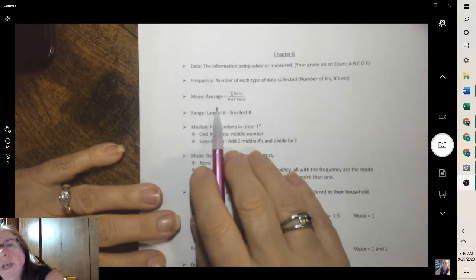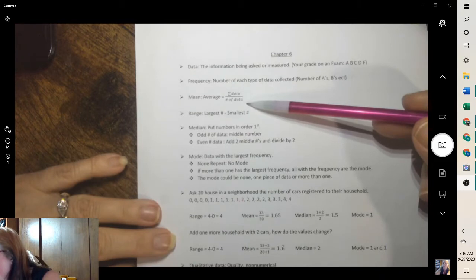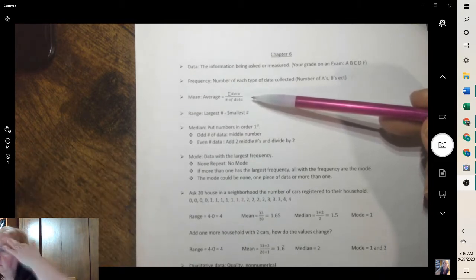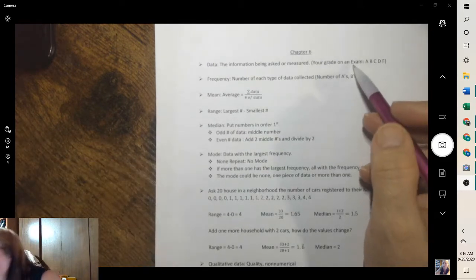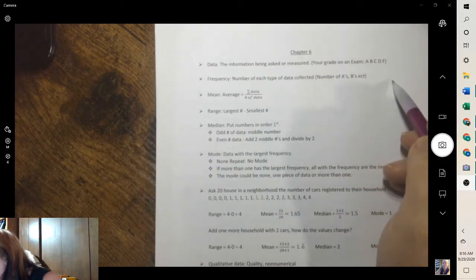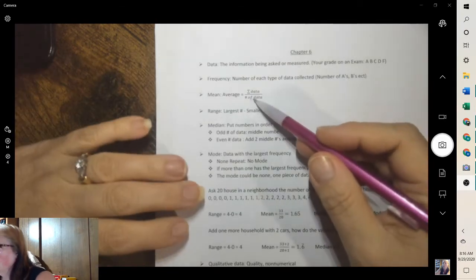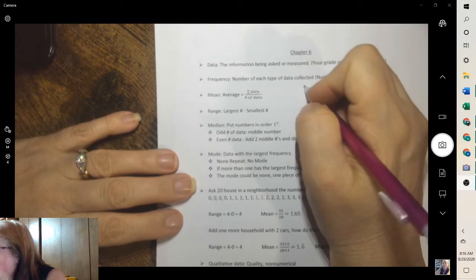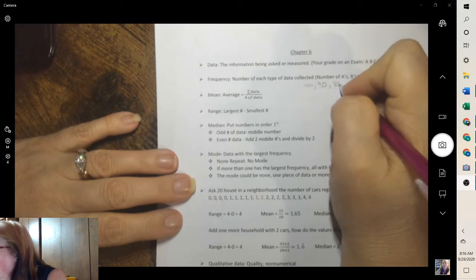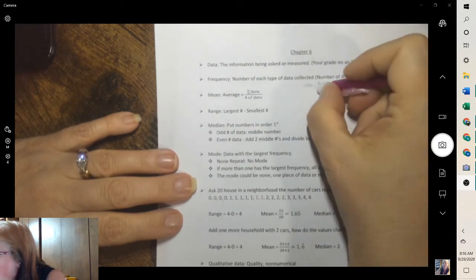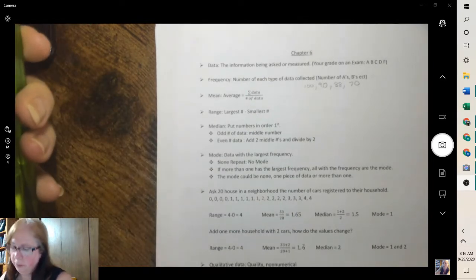When you're finding the average, you add up the values and you divide by how many there are. Well, you couldn't do that with letter grades, but number grades you could. I could add up all the points on the test that people got and divide by the number of people. So if we had a 100, a 90, an 88, and a 70, to find the average, we would add those up.